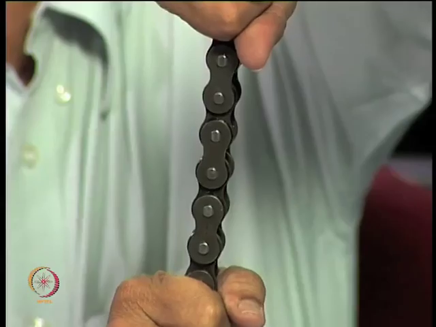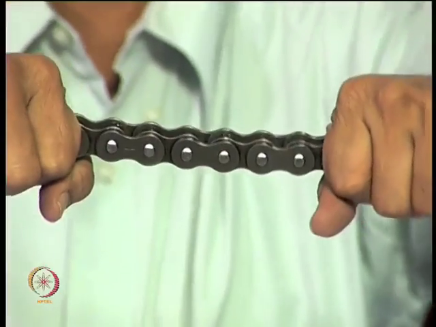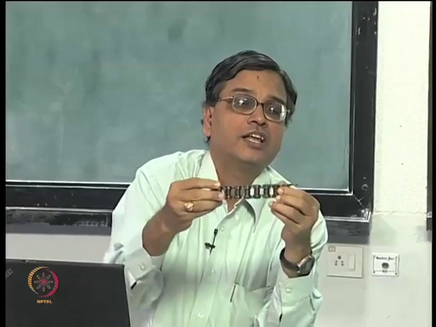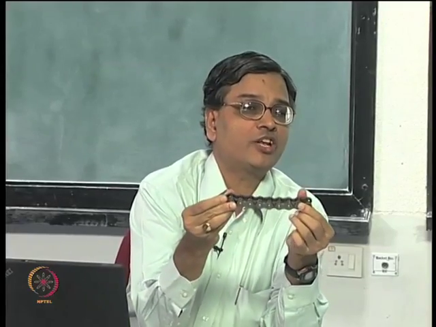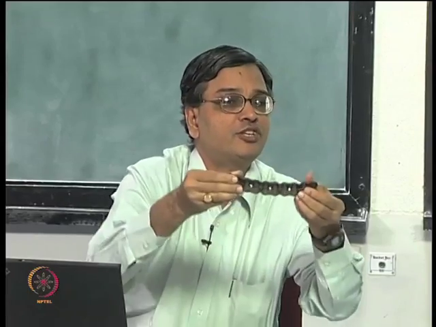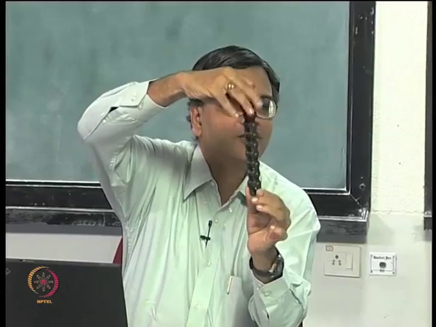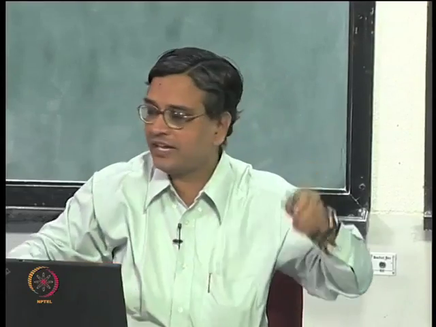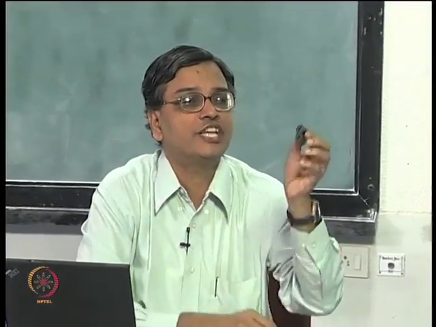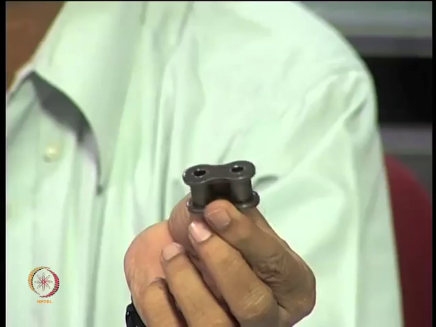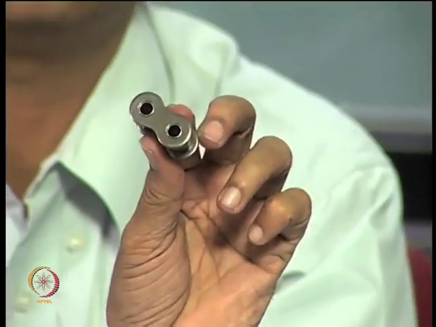It is also used in power transmission, and in practice you have two sprockets on either side, and this is subjected to essentially tension in actual service. Okay. And now what I have here is an element taken out of this chain. I am just holding it.